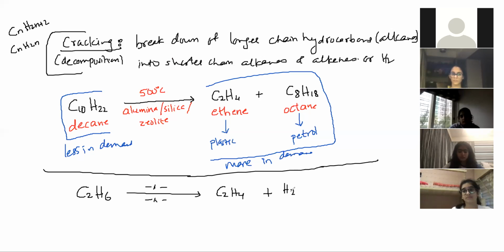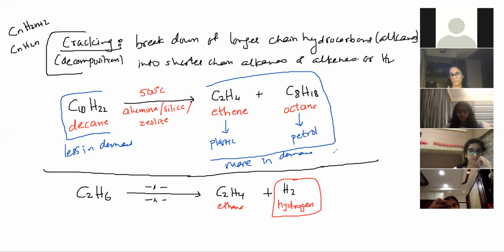Hydrogen. Now, do you recall something? Where is this process mentioned in some other chapter? Where is hydrogen used? To make ammonia. If you remember, in the making of ammonia, there are three sources of hydrogen. One of the sources is cracking of alkane.